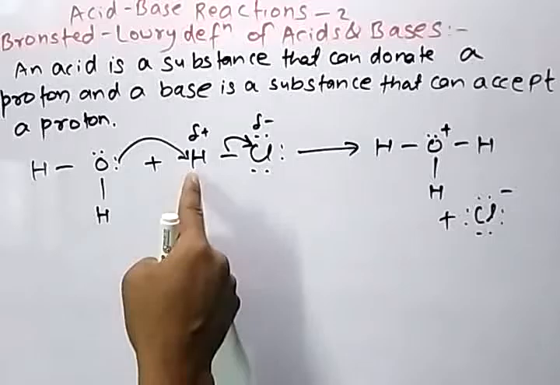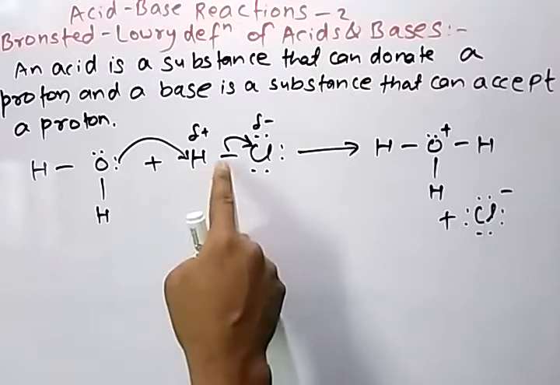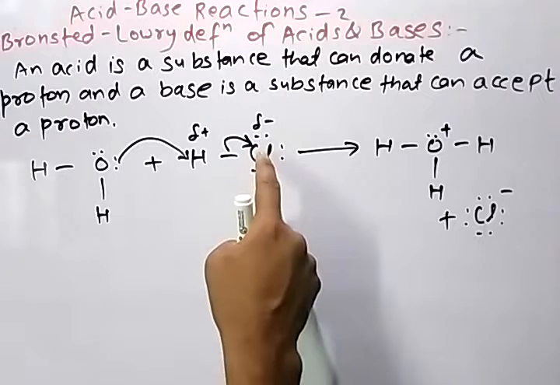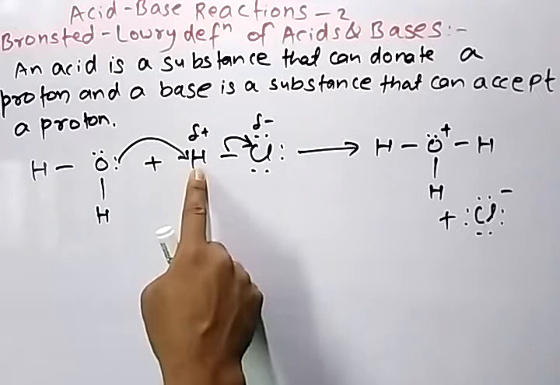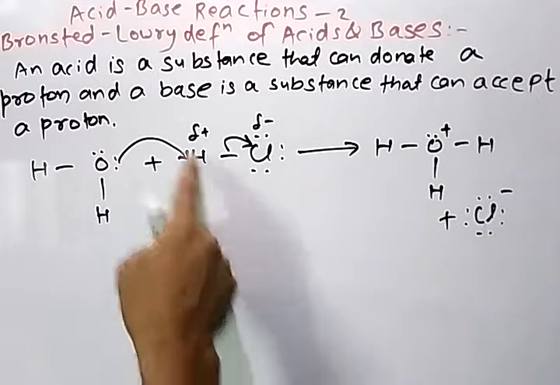This is proton H plus, because this hydrogen initially has 2 electrons and both of the electrons went to the chlorine, so it has no electrons left, it is just one proton, and this is attached here.